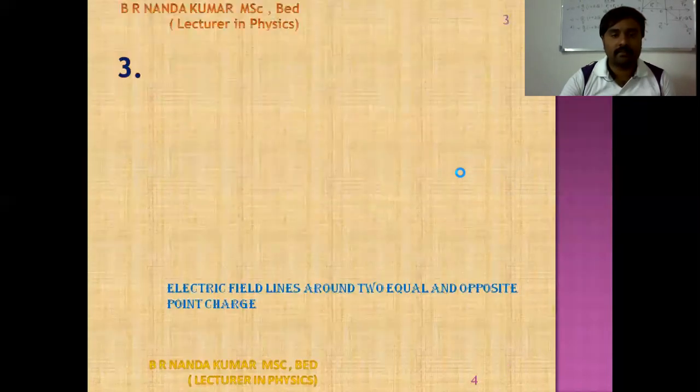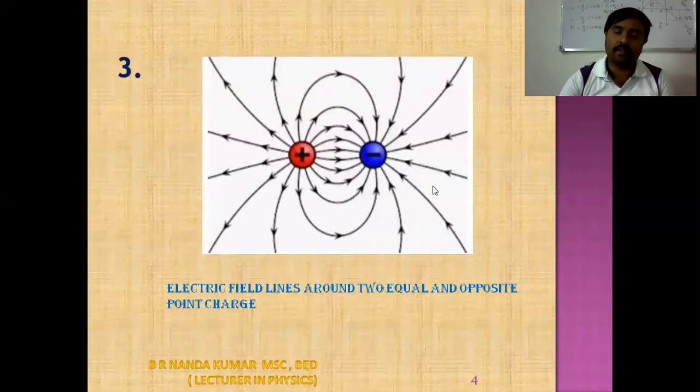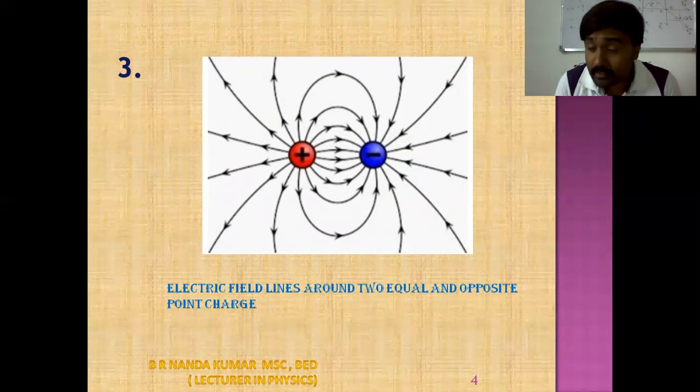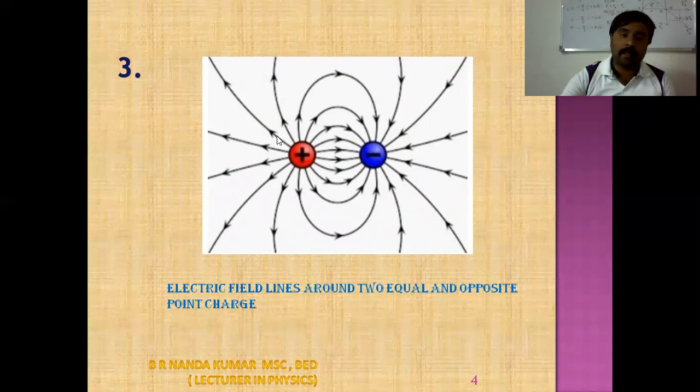Okay. The next very important property. Electric field lines actually contract lengthwise, which represents the force of attraction between two equal and opposite point charges. Actually, an electric field line starts from the positive point charge.